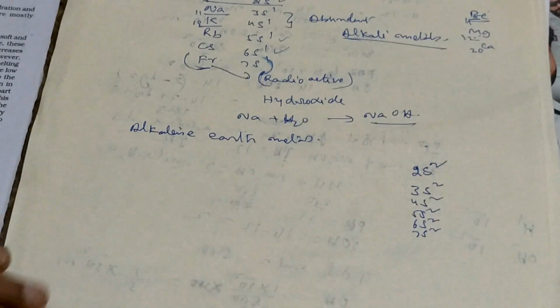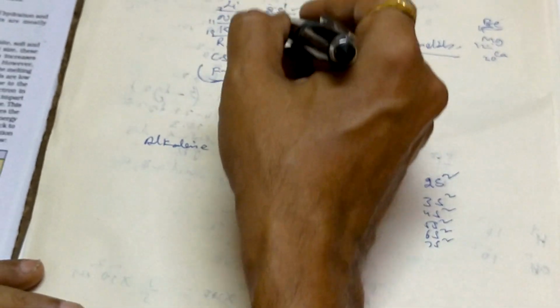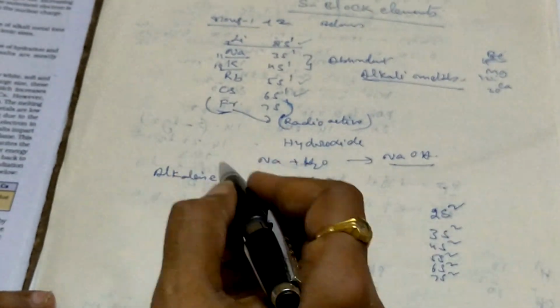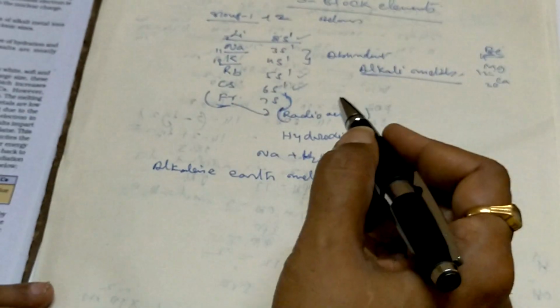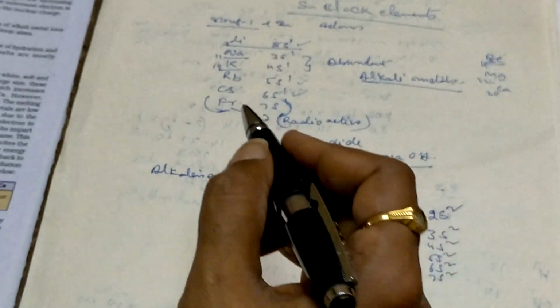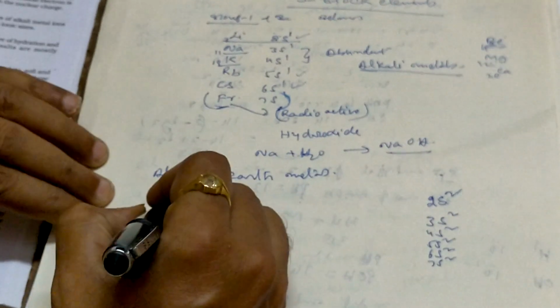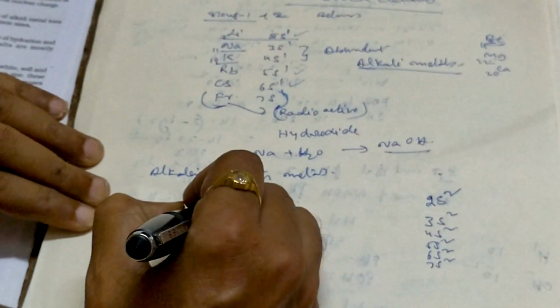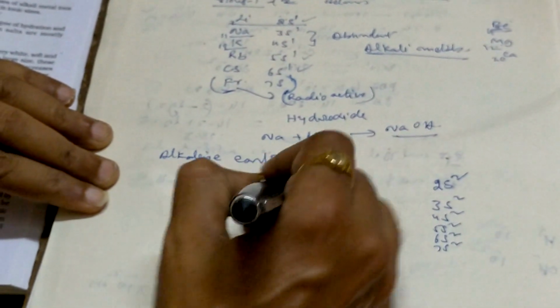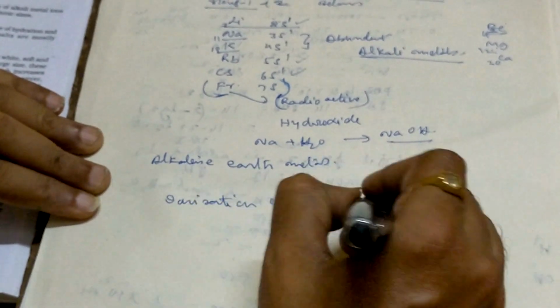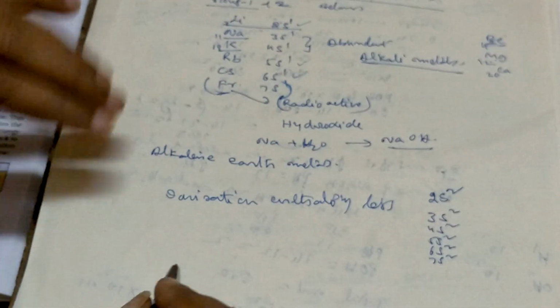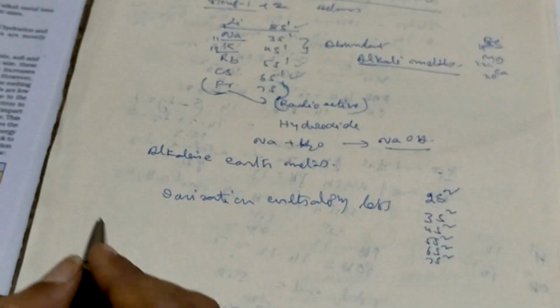Because it has only one s electron, by losing that electron they attain the noble gas configuration. So their ionization enthalpy is low, because they are ready to lose the electron.